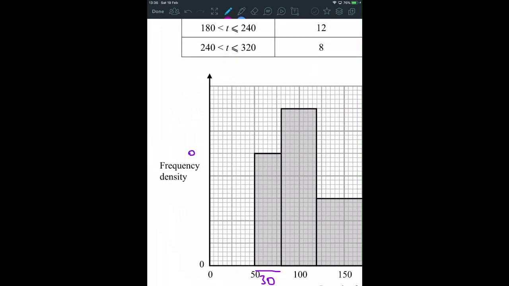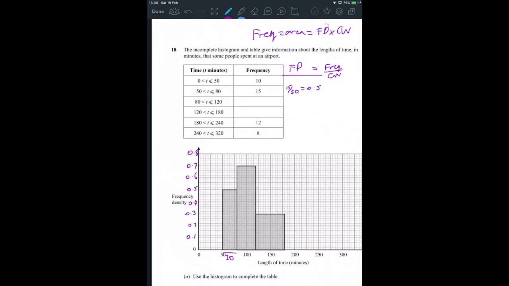So actually this height here should be 0.5, and that actually makes it a lot nicer. That's 5 boxes for 0.5, which means that each of these boxes is 0.1. We got up to 0.8. Being able to spot your own mistakes before they become too serious is a really powerful skill.